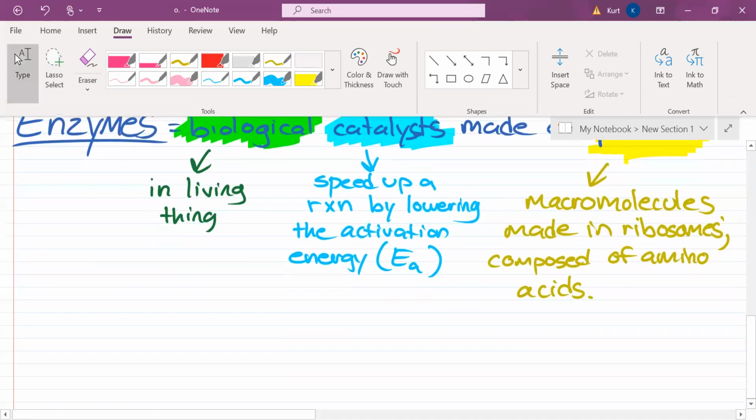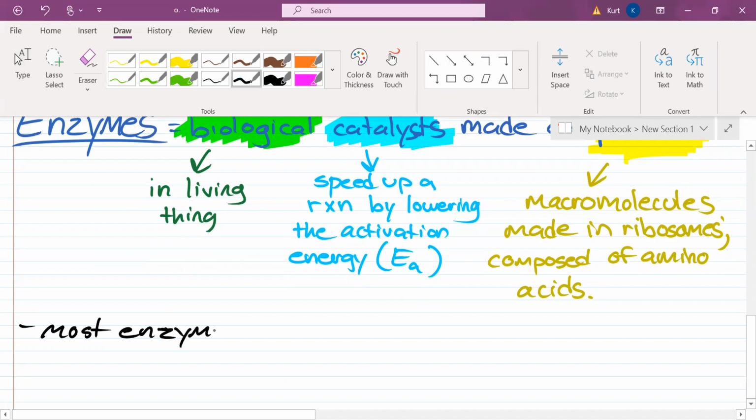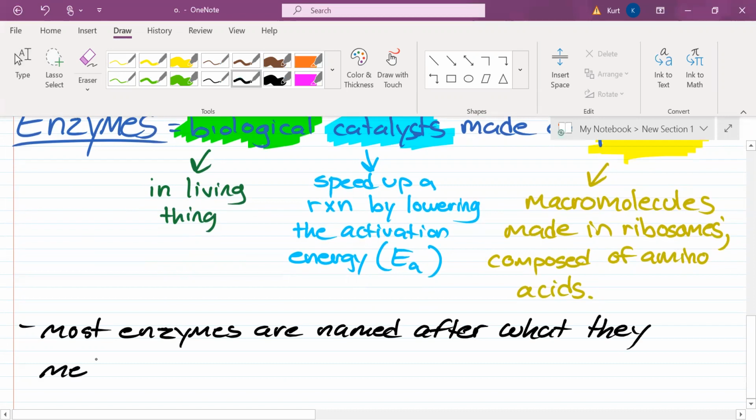Now, another little factoid about enzymes. Most enzymes are named after what they metabolize. What suffix do most enzymes end with?